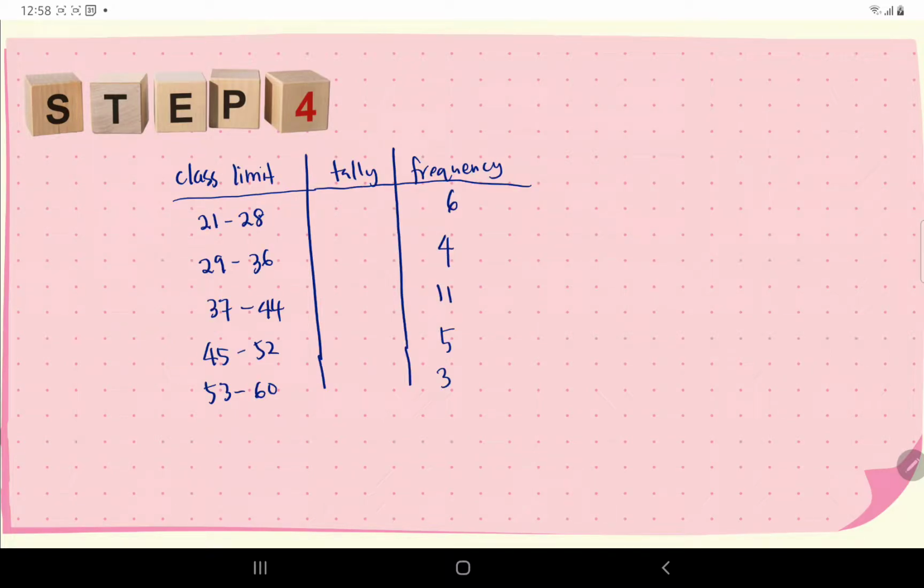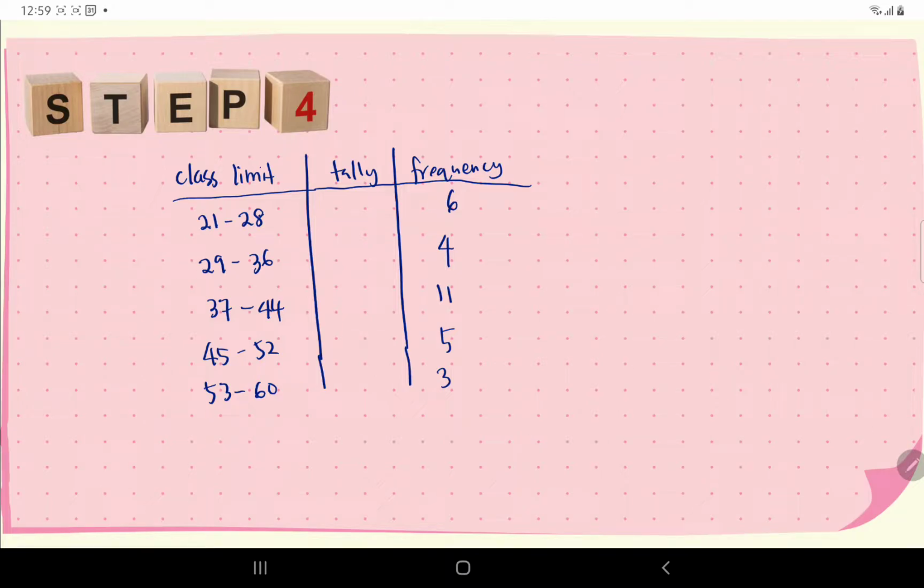Let's say our frequency is like this. Numbers 21 until 28 occur 6 times, 29 until 36 occur 4 times, 37 until 44 occur 11 times, 45 until 52 occur 5 times, and 53 until 60 occur 3 times. So the tally will be like this.